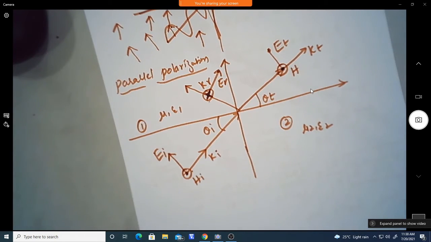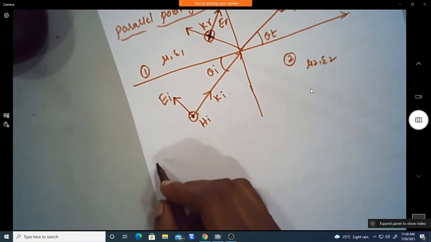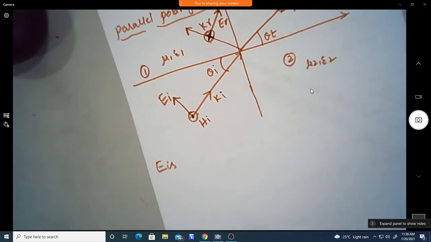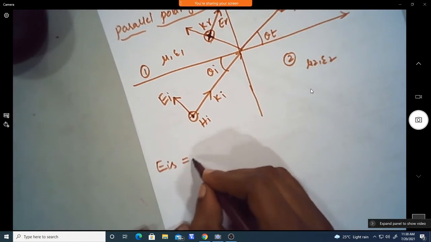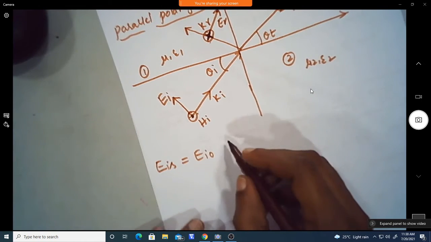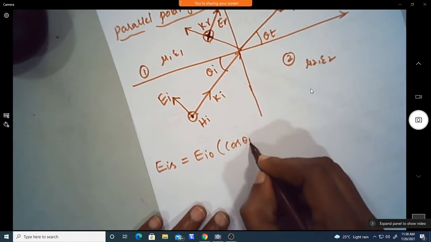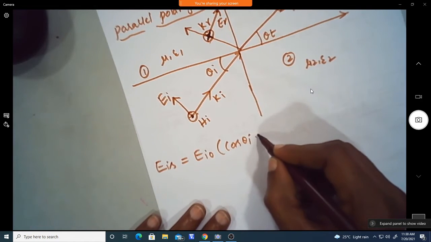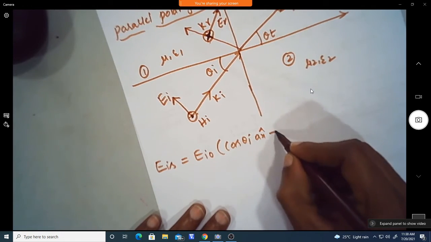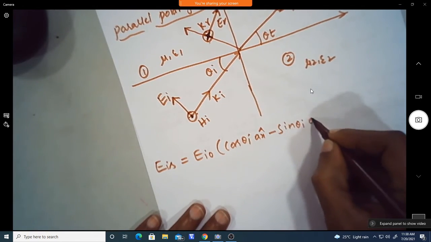Now we can see what equations we can write for this: the incident field, reflected field and transmitted field. We can represent Ei as Ei0 into cos theta I in the direction of ax, minus sin theta I in the direction of az.